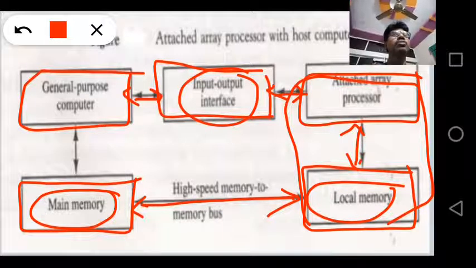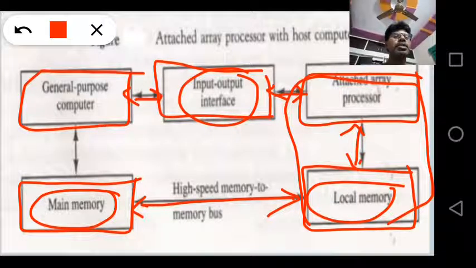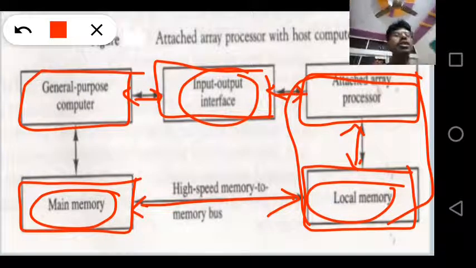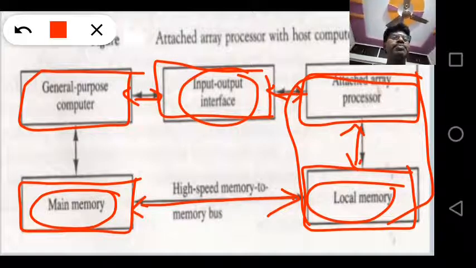A bus usually means it is hardwired in a motherboard. Then how is this local memory connected? There are some external wires here. The high speed memory bus means external wires, but they are very high speed.